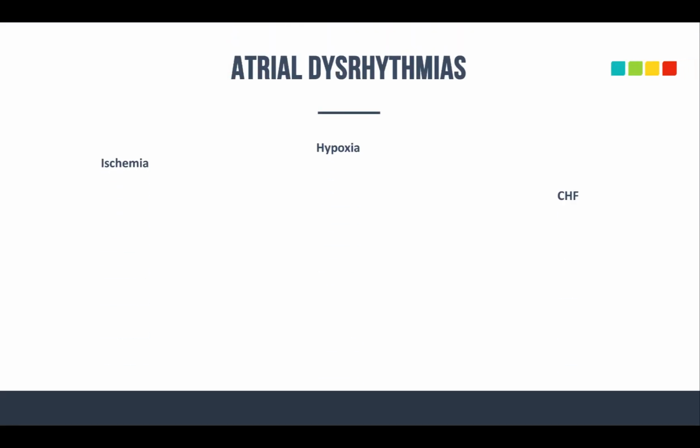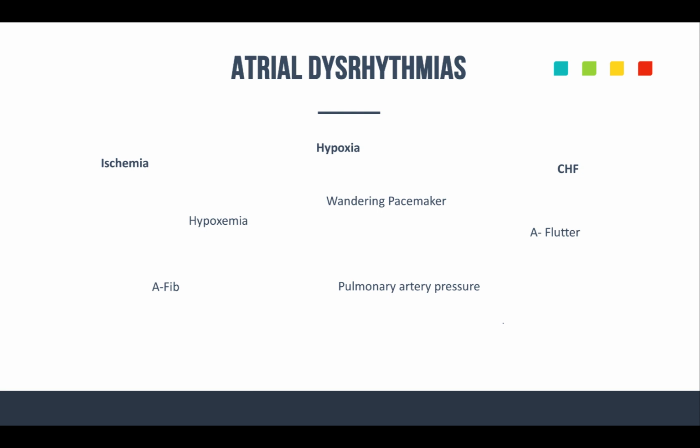Now, we'll talk a little bit about some atrial dysrhythmias as well, and some of these get repeated. The MI or the ischemic type event going on, hypoxia again. Things like CHF, where you get that atrial stretching, might be something going on there as well. The wandering pacemaker, this is the pacemaker site that switches from beat to beat.